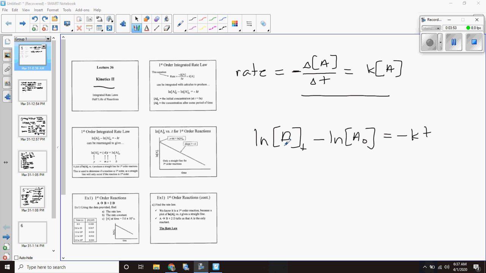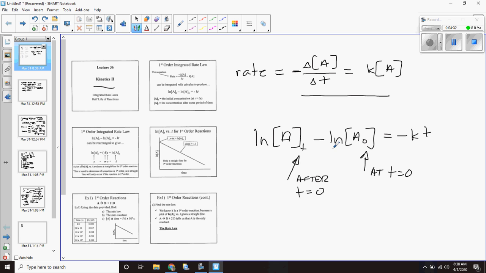The natural log of A, the concentration of A at some time t, so this is at some time after t equals 0, minus the natural log of the concentration at time t equals 0, equals the negative of the rate constant times time. So this is the equation we use if we have a first order reaction.